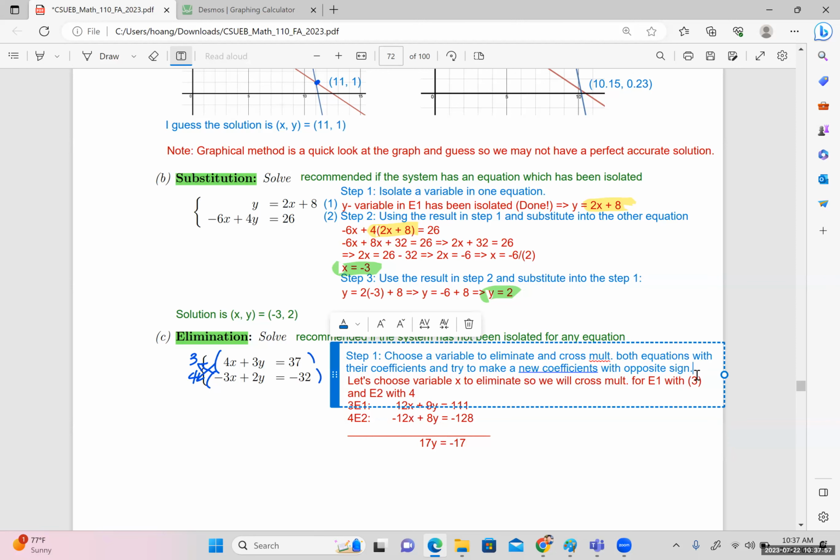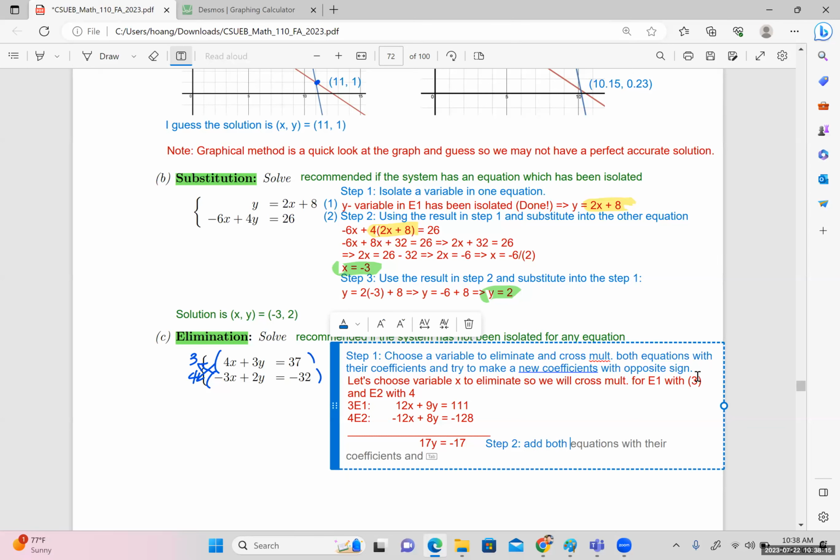And I call it step 2: add both hand sides of both equations, and you will now get 17y equal to negative 17.